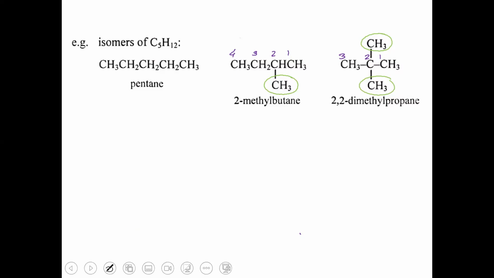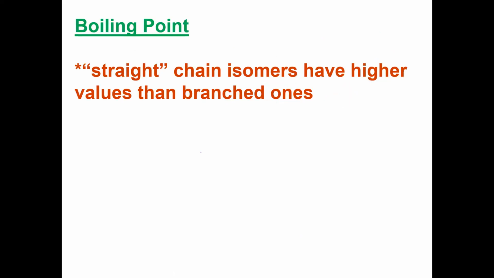This is called a branch. Branches are extra lines of carbon in a structure. So I'm putting my first concept: straight chain isomers have higher boiling points than branched ones. You have to copy this screen.